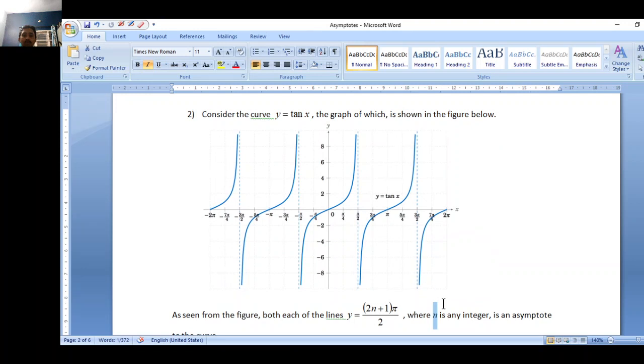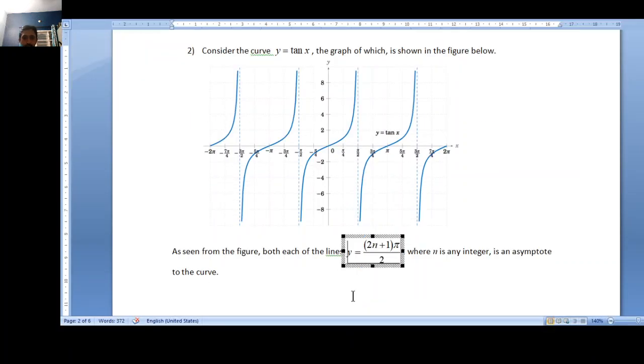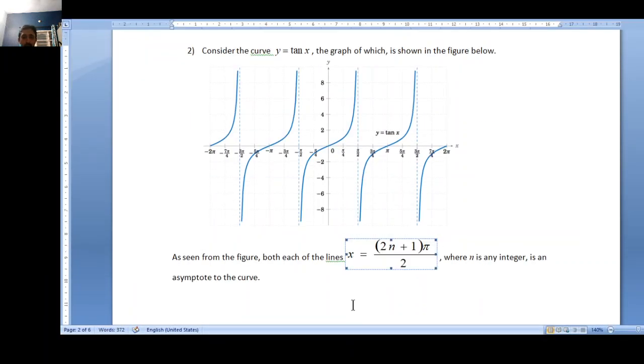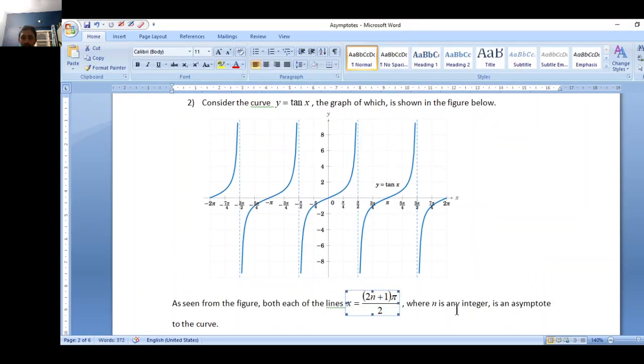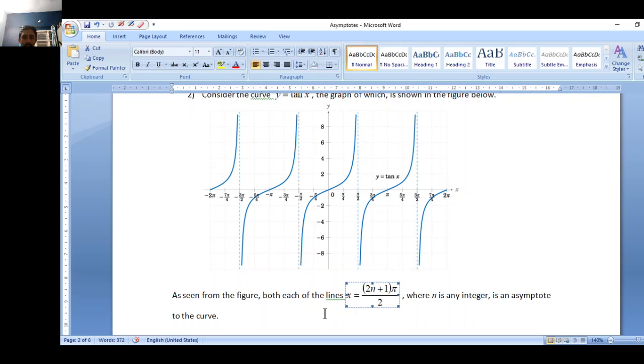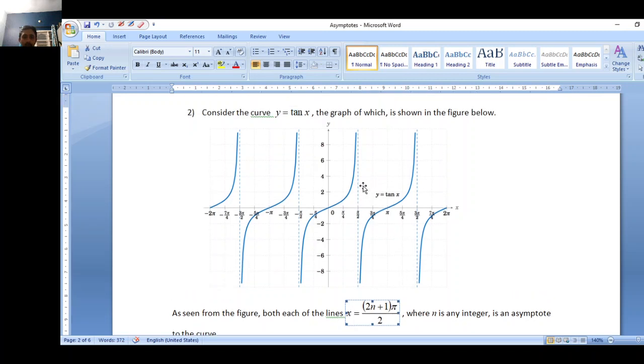So in general, x equals 2n plus 1 into pi by 2, where n is any integer, is an asymptote to the curve. So for the curve y equals tan x, there are going to be infinitely many asymptotes, each of which is parallel to the y-axis.